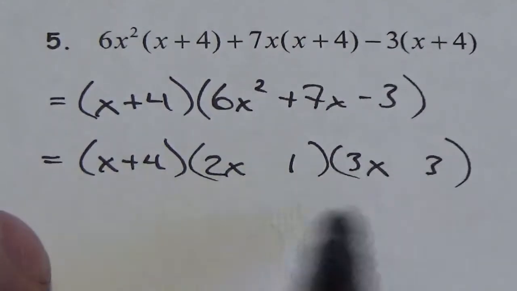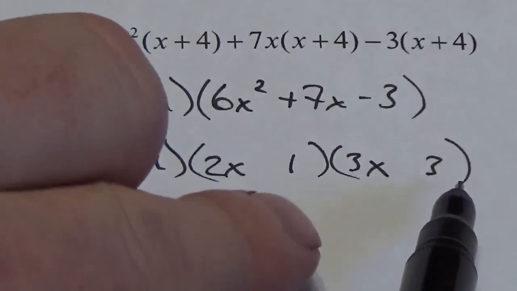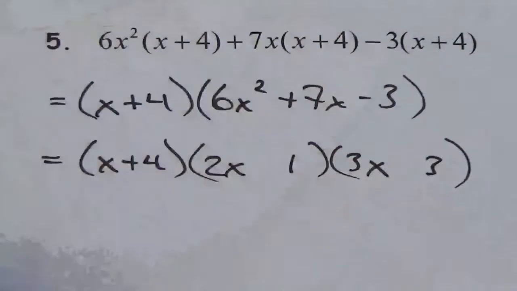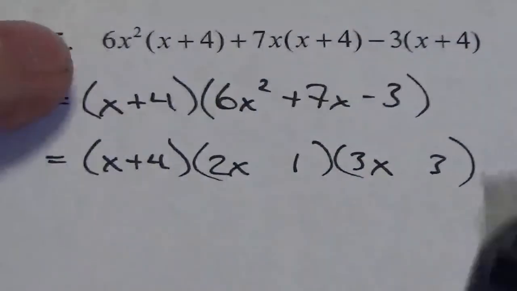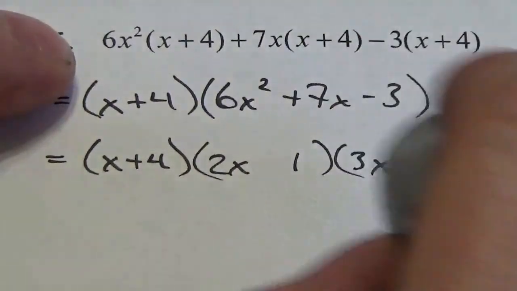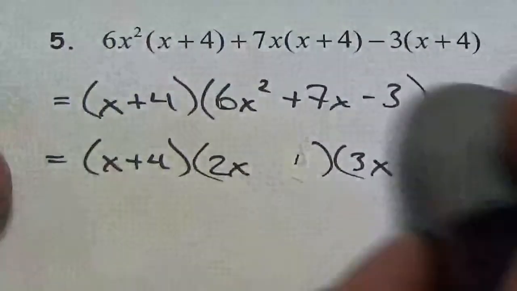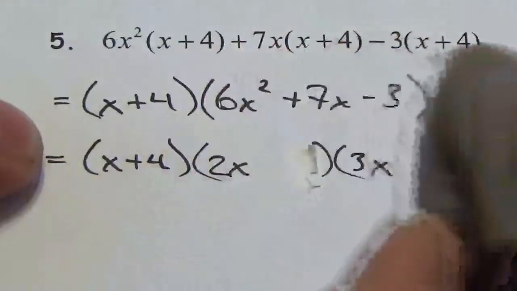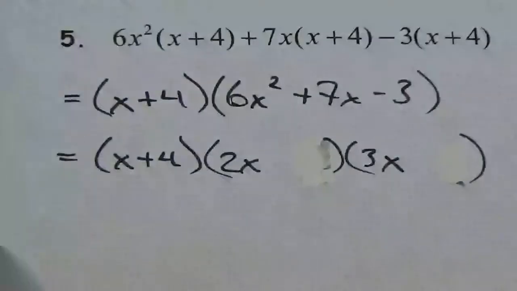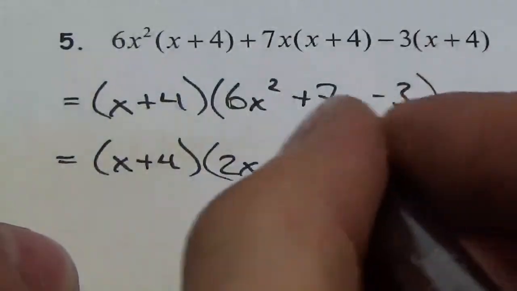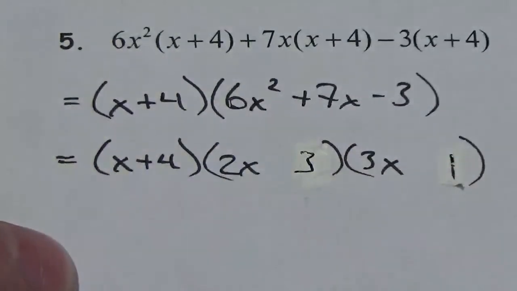Which means if I stuck with this, in my next step, I'd have to factor out the common factor of 3. But there is no common factor. So this doesn't actually make any sense as a guess. I'm introducing something into this expression here that doesn't exist. So instead, let's put the 3 here and the 1 here.